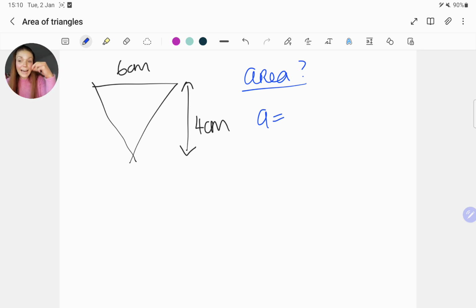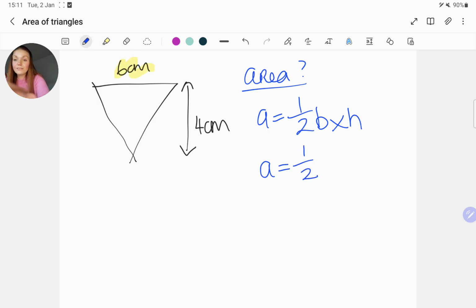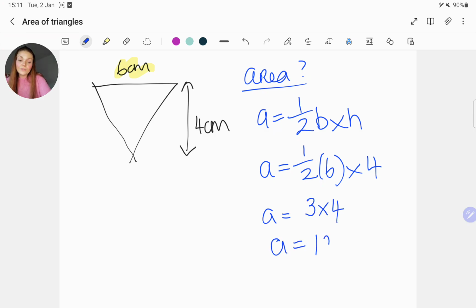Area equals half the base times the height. Area equals half the base this time, which is 6, times the perpendicular height, which is 4. So area equals half of 6 is 3 times 4. Area equals 12 centimeters squared.